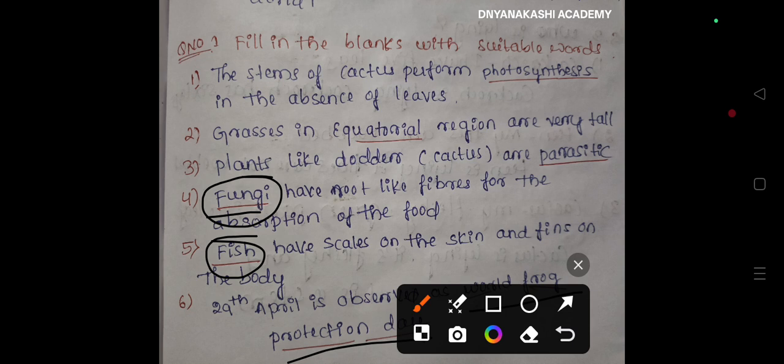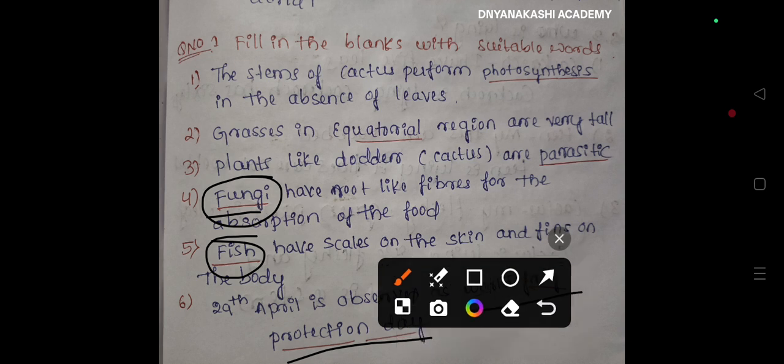Aquatic plants: memorize one example, like a lotus. Take any example to write about adaptation in the surroundings. The fill in the blanks questions arise like this in this chapter.